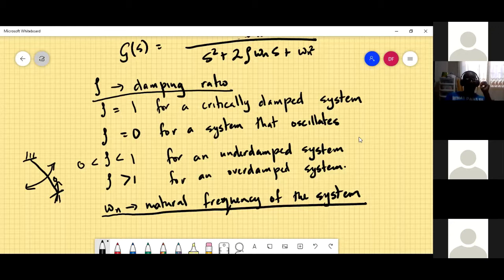Basically the length of the swing and where you're swinging. So every system has a natural frequency.